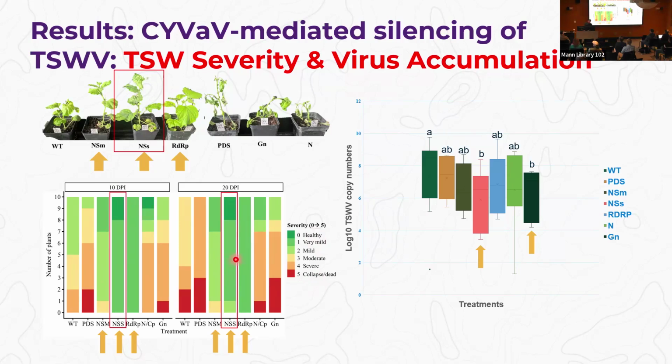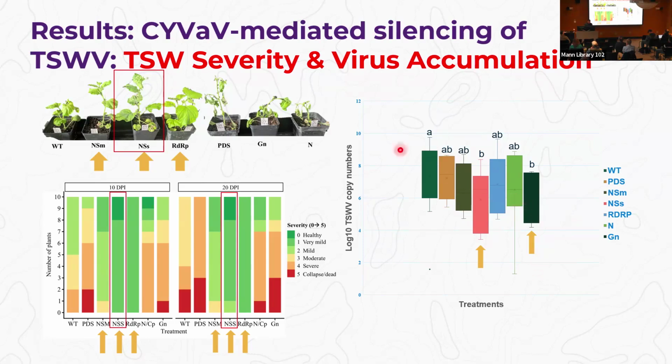We wanted to see, obviously, the virus accumulation at the same time, how much TSWV is accumulating in these plants. And the story was consistent as far as NSS is concerned. As you can see, the virus accumulation is significantly lowered compared to wild type here. But that was not the case with the NSM or RdRp here.